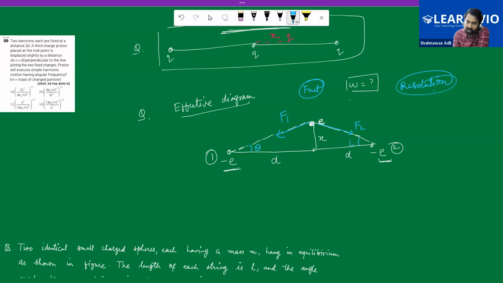If we draw the parallel line, this would be theta, and this is parallel, so this would also be theta. So what would be this component? Can you tell me? Let me see if you remember or not. What would be this component?